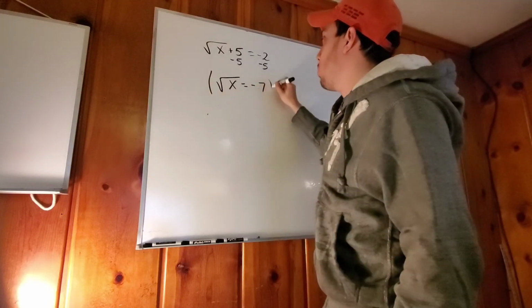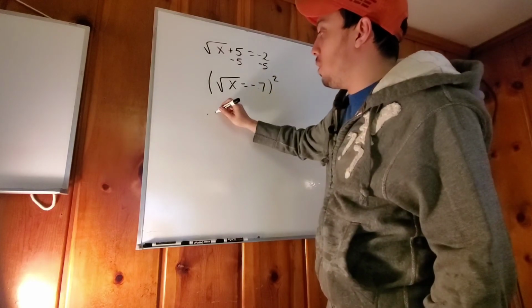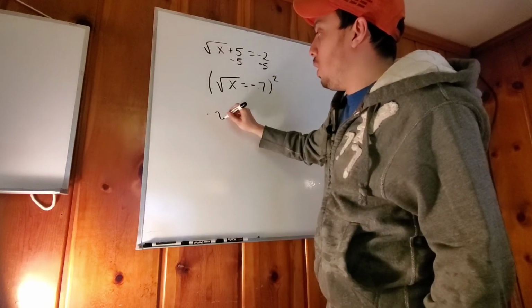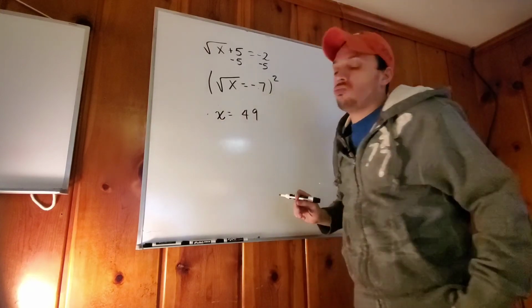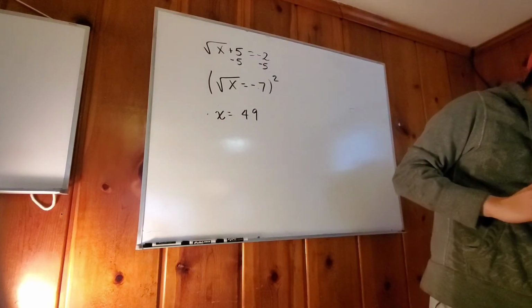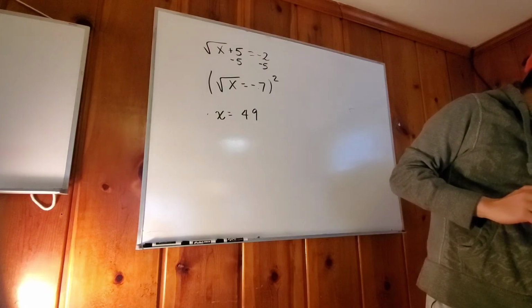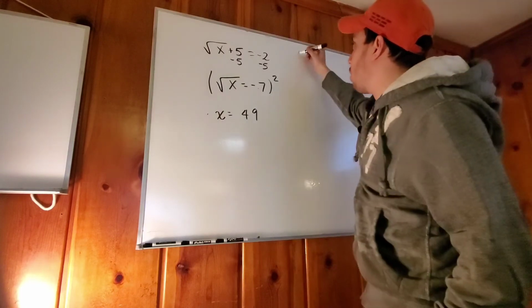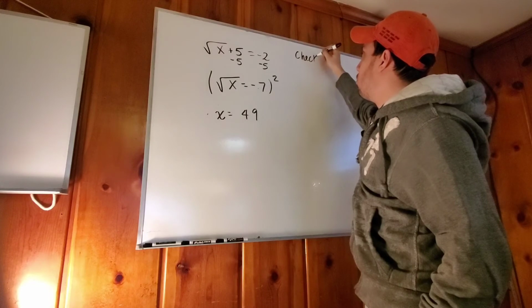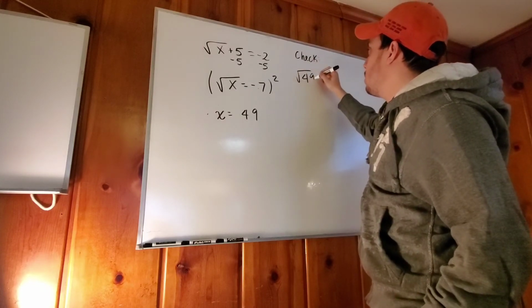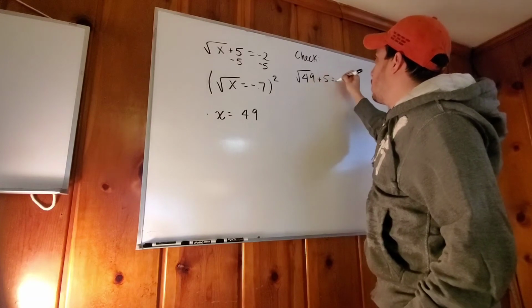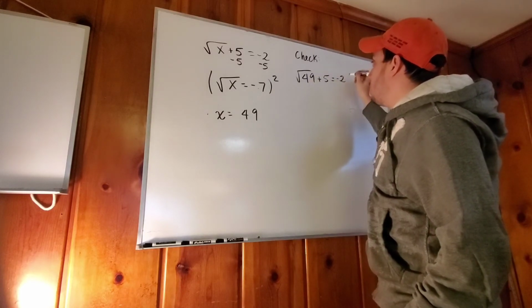Then we're going to square both sides. And so x is going to be 49. Okay, x is going to be 49. And so what we do is we check. Let's check. Square root of 49 plus 5 equals negative 2.